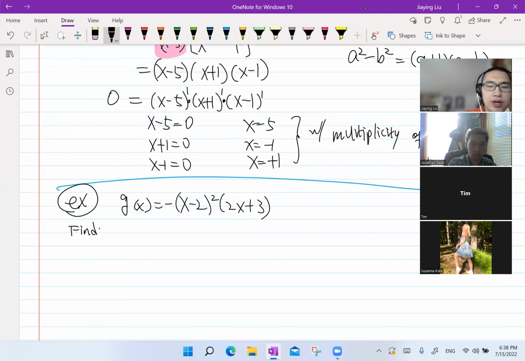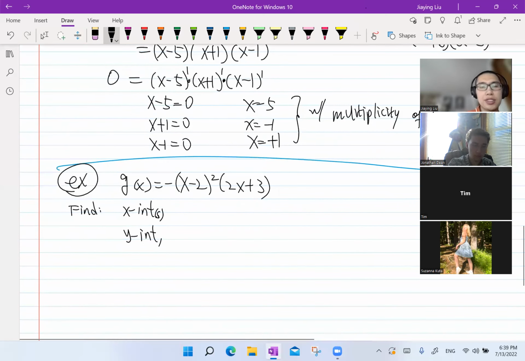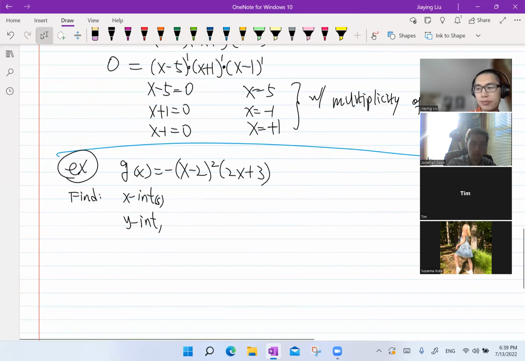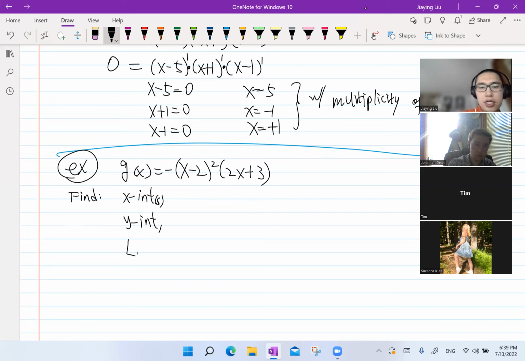At first, we want to find the x-intercepts and the y-intercept. The x-intercepts could be multiple. When we find the x-intercepts, we also want to find the multiplicity of those x-intercepts, because that gives the local behavior at each one. Then the y-intercept, and then we're going to find the leading term.